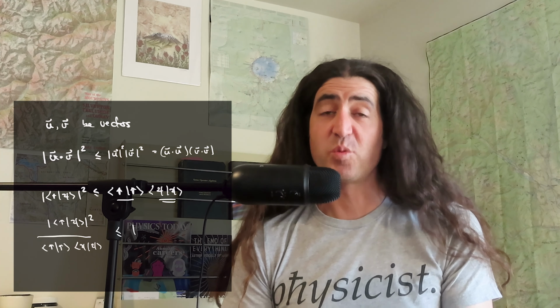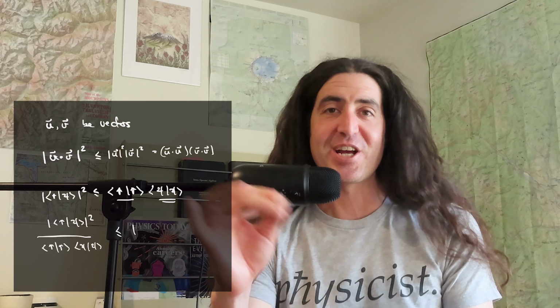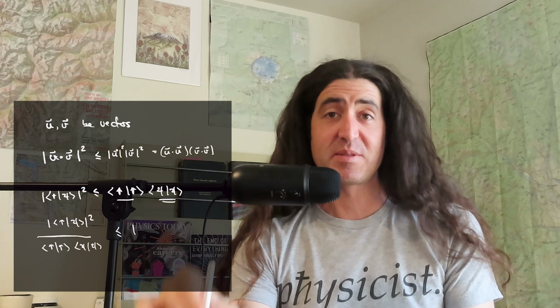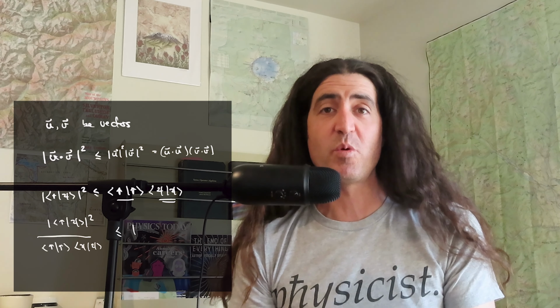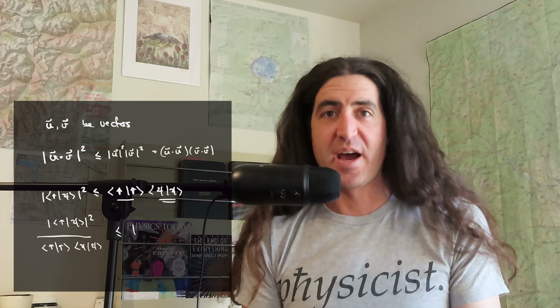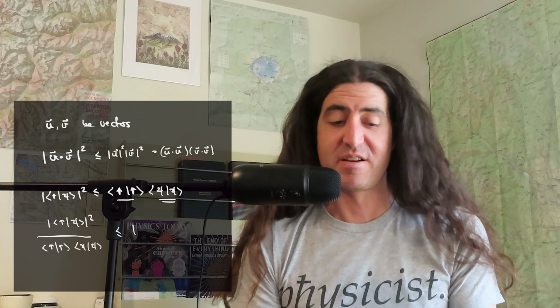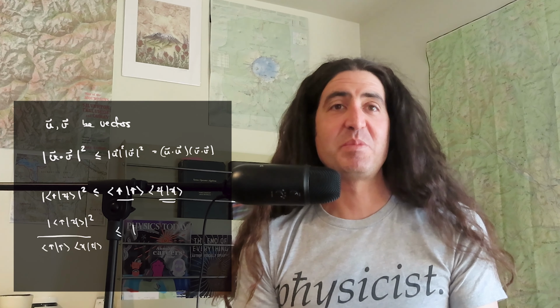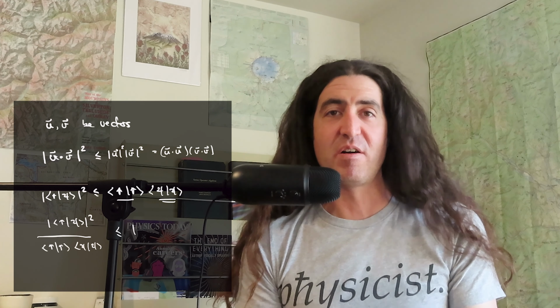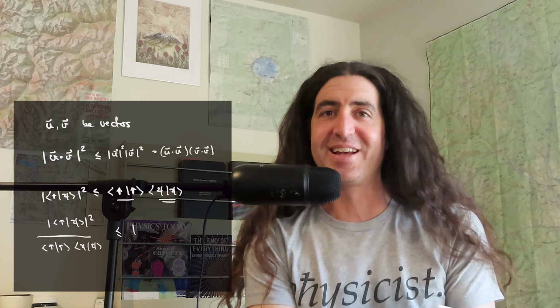So this number, the projection of the state up onto the state psi, how much upness there is in the generic state psi, is always going to be less than or equal to some junk. But if we divide out by all that junk, the projection divided by all that junk is less than or equal to 1. So that codifies our concept of a probability theory. In other words, there will always be a probability of at least 0 and at most 100%.